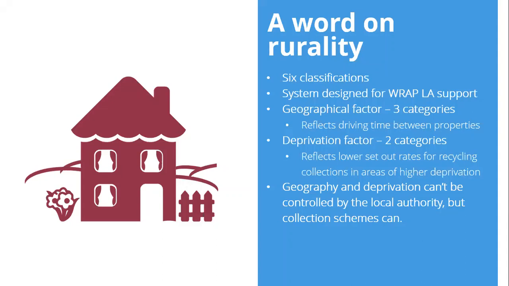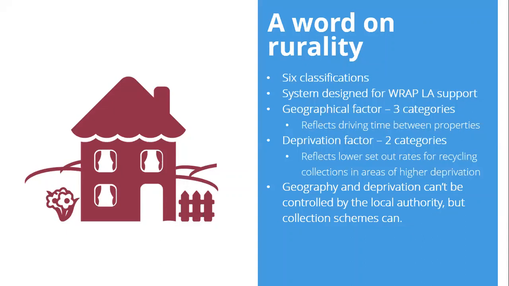Then we've got a deprivation factor. We know that set out rates for recycling collections are lower in areas of higher deprivation. So we have two categories here, high deprivation and lower deprivation. So 3 times 2 equals 6. That gives us our 6 classifications.